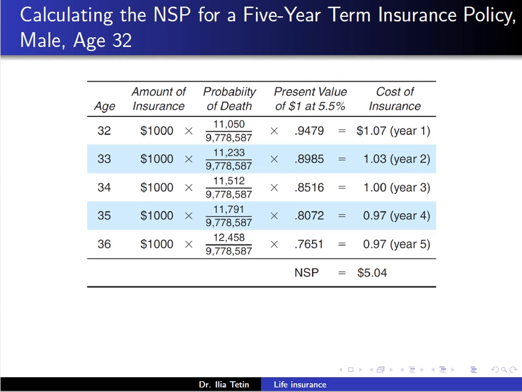And if the insurer collects 5.04 in a single premium from each of the 9,778,587 males who are alive at age 32, that sum together with compound interest will be sufficient to pay all expected death claims during the 5-year period.